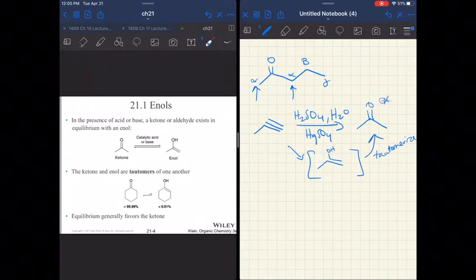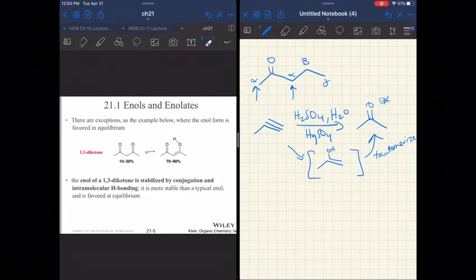Now, that's because the ketone is more stable. Most of the time, you are going to see a ketone or an aldehyde rather than an enol. If you look over here, that tautomerization is occurring, but 99.99% of your product is going to be in the ketone form. Now, there are enols that are stabilized.